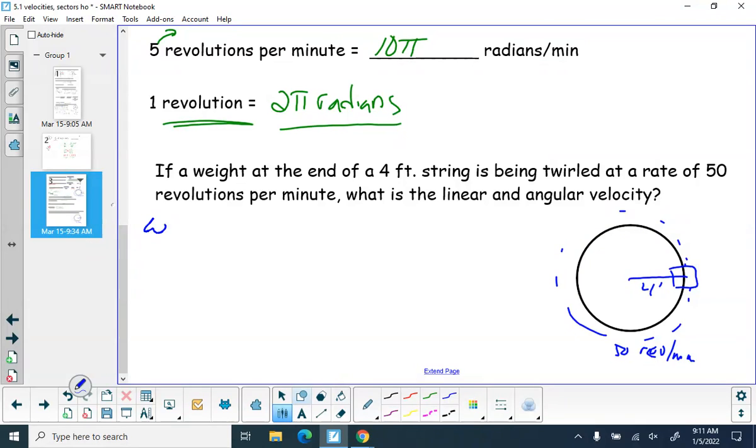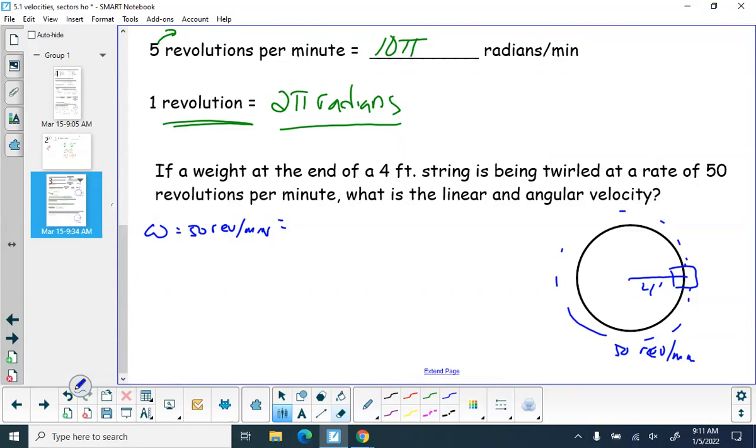Well, our angular velocity is 50 revolutions per minute. That's an angular velocity. You're spinning it around.